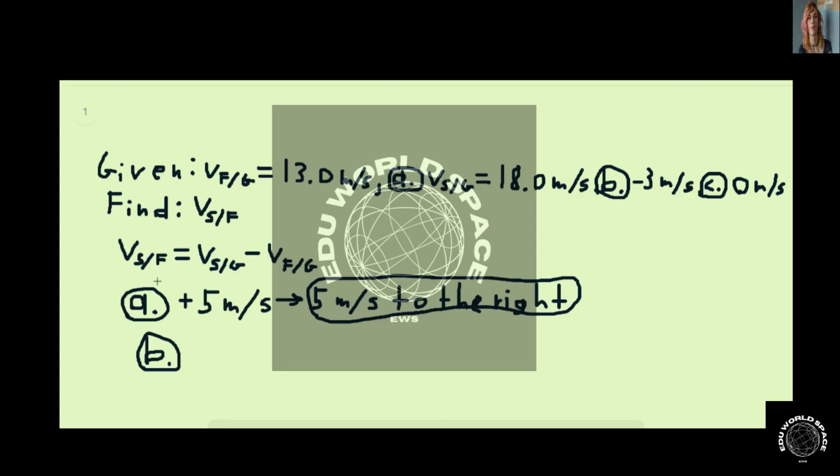If we do that, we get the velocity of the scooter relative to the flat car is going to be negative 16 meters per second. So that means we have the magnitude of 16 meters per second. And it's going to be to the left because it's negative. So the direction is going to be to the left.